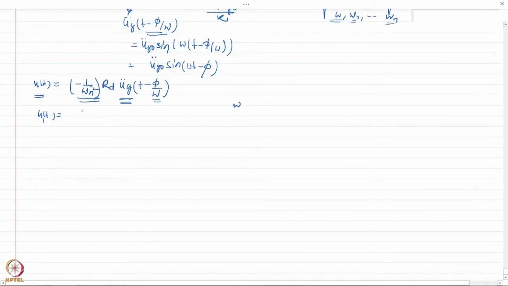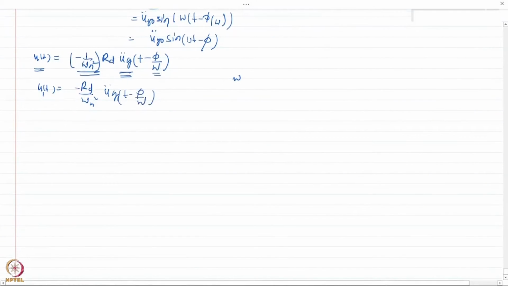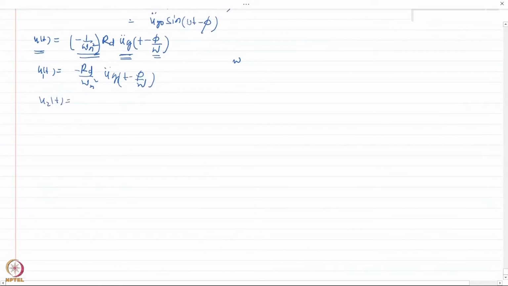So I can write this as minus R_d times omega n square. Remember, R_d depends on omega 1 as well, times U_g1, which if it is independent of omega, I can again write this as t minus phi, and if R_d is also independent of omega, then I can write it as R_d. And u(t) again I can write it like that. So I'll have several things, and the total response I can sum as u1(t) plus u2(t) and so on.